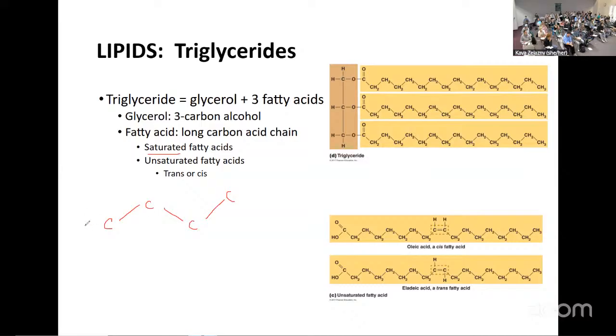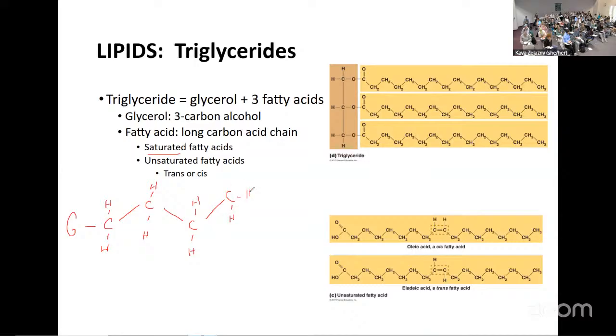So I'm going to ignore where we're linked to our glycerol here. Okay. But a saturated fatty acid is going to have a hydrogen everywhere you can put one. So carbon is going to make 4 bonds, which means right here we have space for 2 more, so 2 hydrogen. Same thing here, our second carbon. Same thing here on the third. And then at the end, we've actually got room for 3.